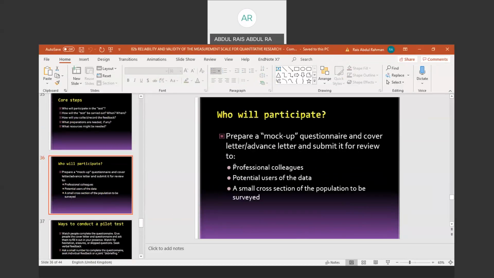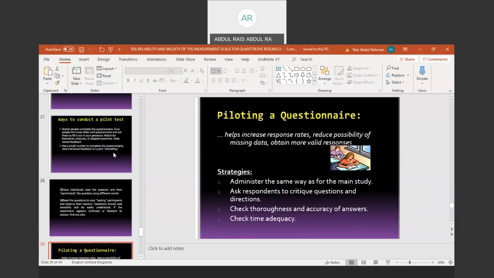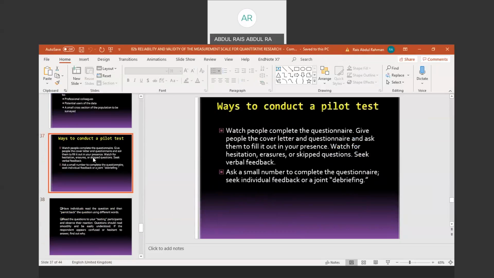Macam saya tadi, kawan-kawan staff, maybe you boleh approach staff ke ataupun pensyarah-pensyarah you ke untuk test out questionnaire you. Ways to conduct: watch how your friends, how your lecturer, how your orang lab ni complete your questionnaire.